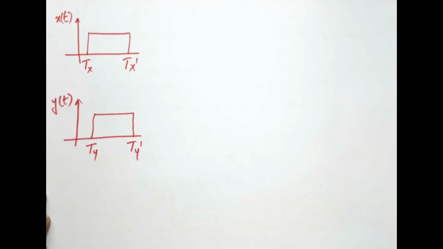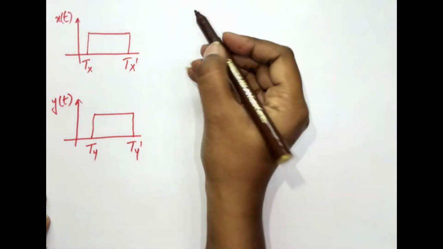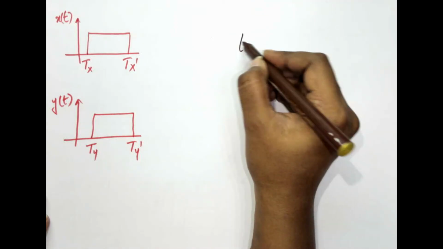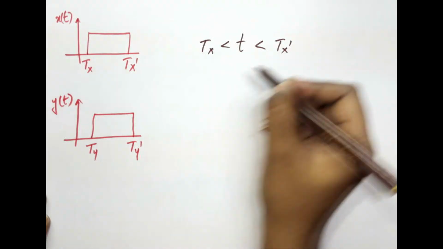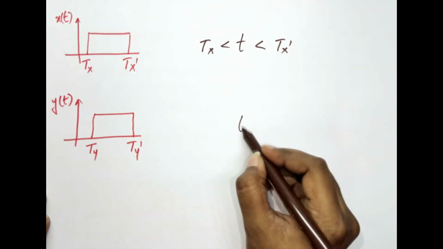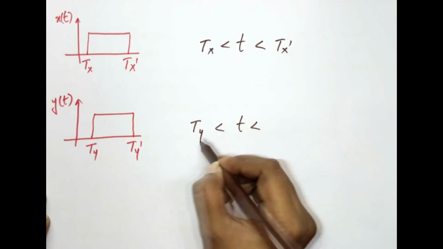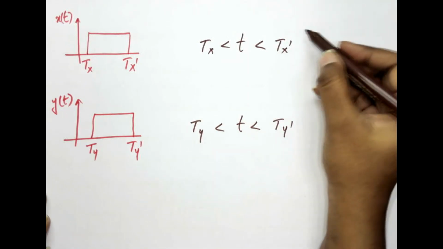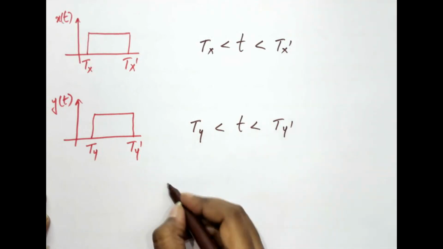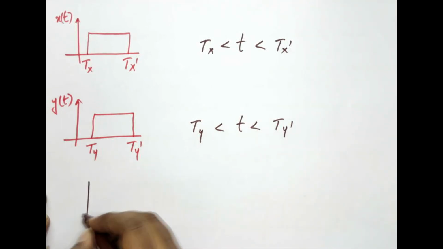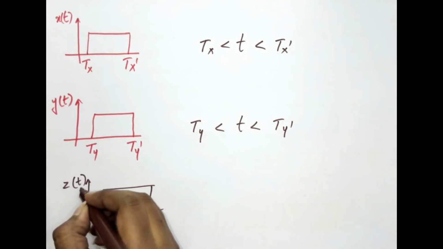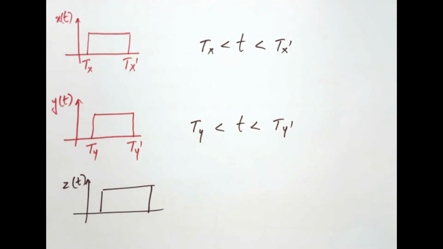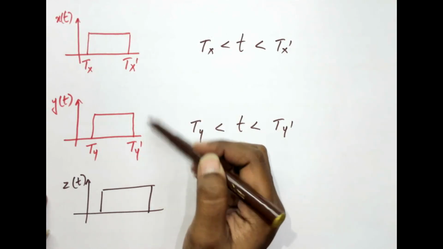Now in this case, the question tells us that the function x of t is non-zero for tx and tx dash, and y of t is non-zero at ty and ty dash. So the convolution of both of these gives us z of t. As I mentioned earlier, the range of z of t is the sum of the lower limits of both these functions and the sum of the upper limits of both these functions.